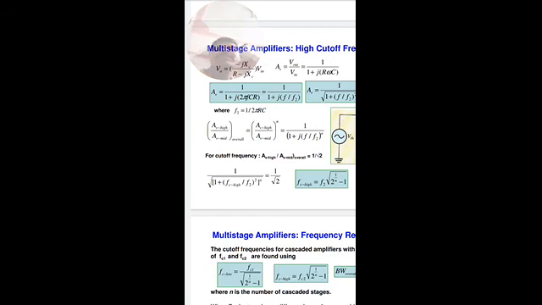For the cutoff frequency, AV high by AV mid is equal to 1 by root 2. So therefore 1 by under root 1 plus fc high by f2 whole square to the power of n is equal to 1 by root 2. So writing in terms of the high frequency cutoff frequency of a multi-stage amplifier, it is f2 into under root 2 to the power of 1 by n minus 1.